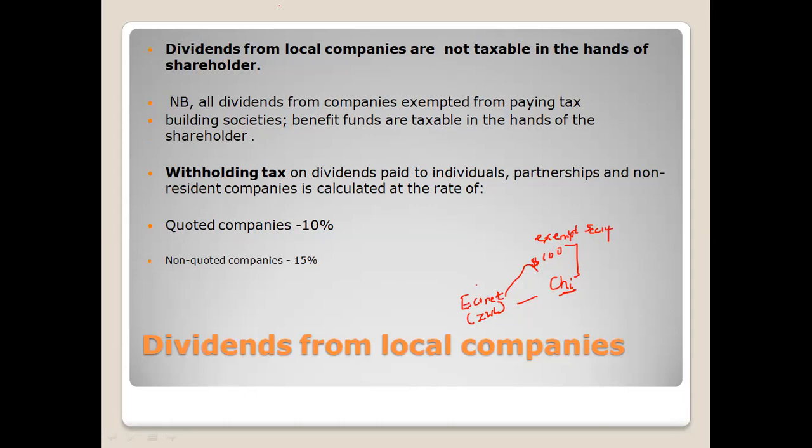Dividends from such companies are taxable in the hands of the shareholder. If the company is exempted from paying tax, then the dividends declared or paid to shareholders will be taxable in the hands of the shareholder.